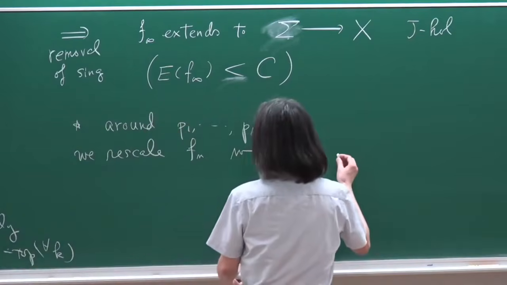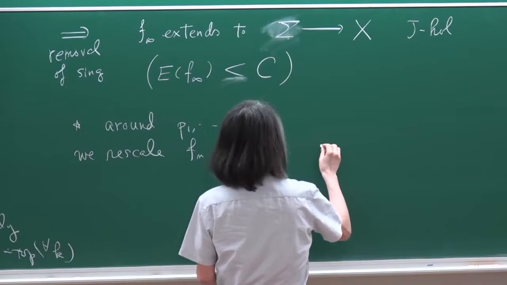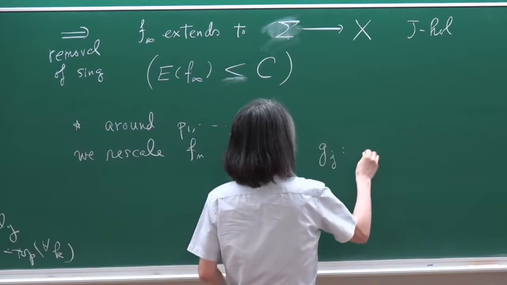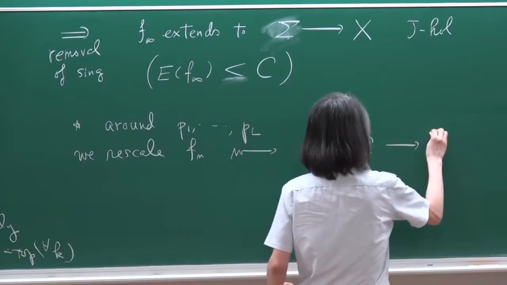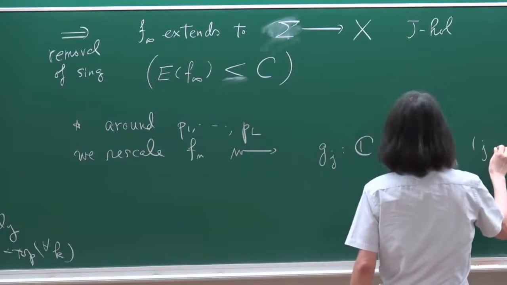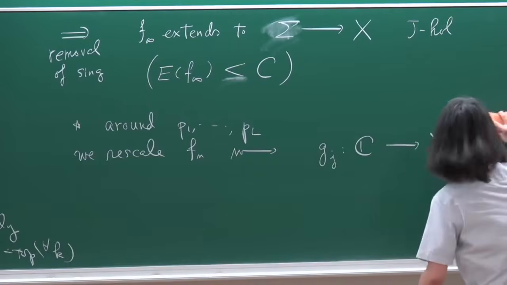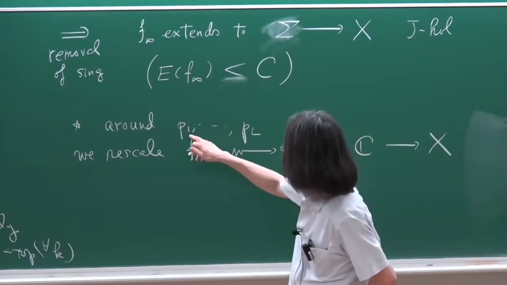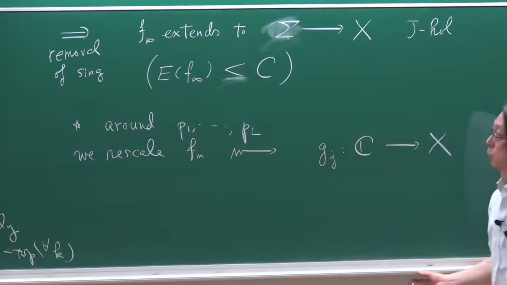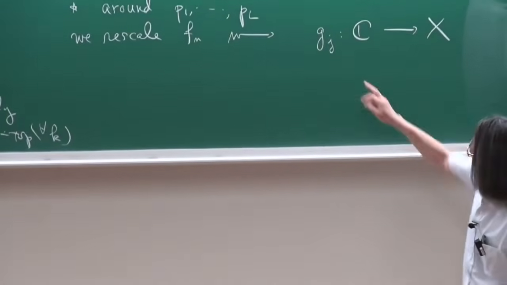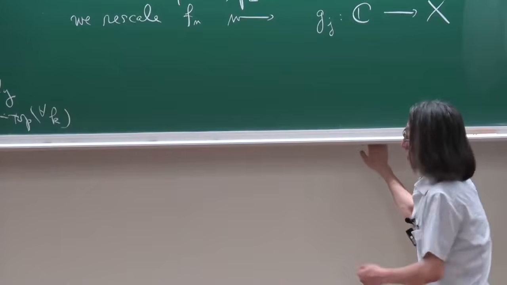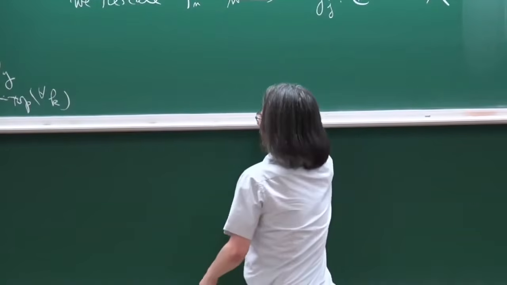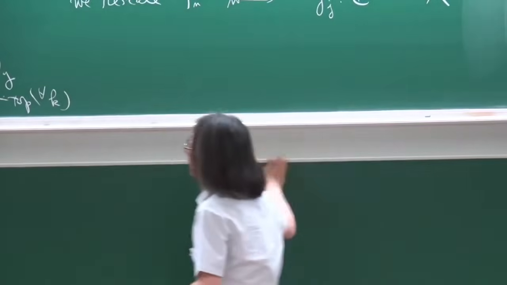And then we obtain other curves, maybe G_j from C to X, J-holomorphic. So j, in this case, maybe at the beginning 1 to L, but actually there may be more. So I will explain it a bit more carefully. But roughly, the idea is the following.